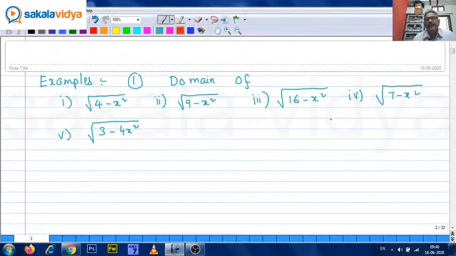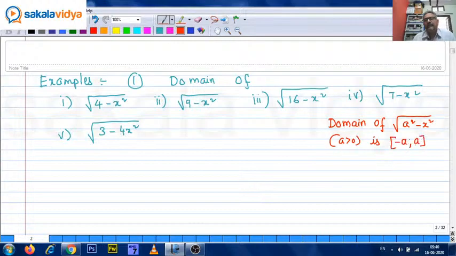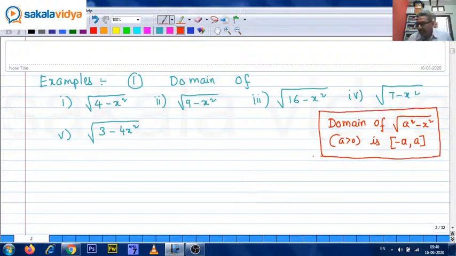Domain of root over a square minus x square provided a greater than 0 is minus a to a. This is the shortcut. You can remember.